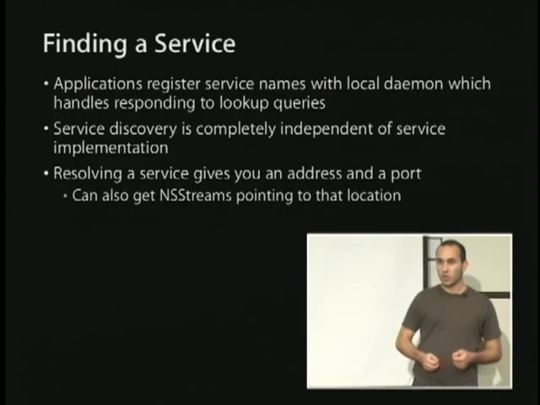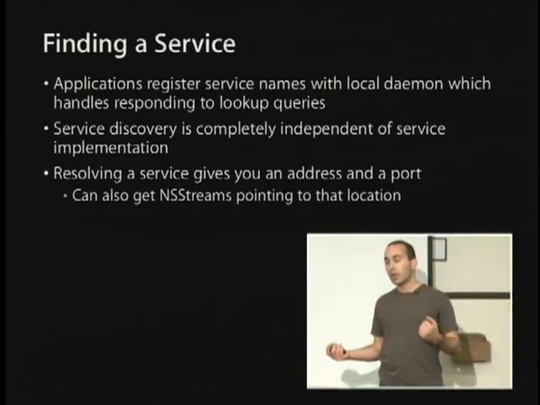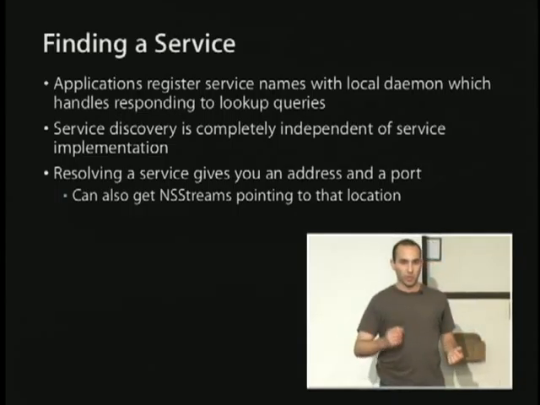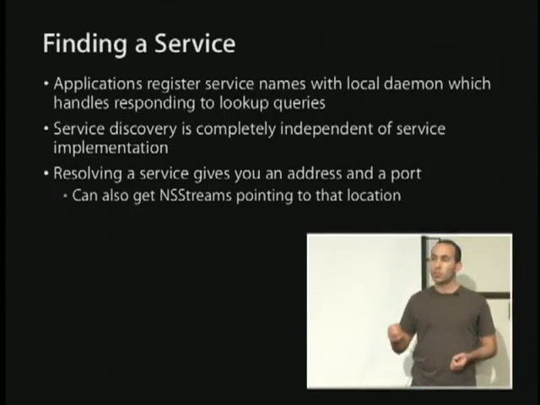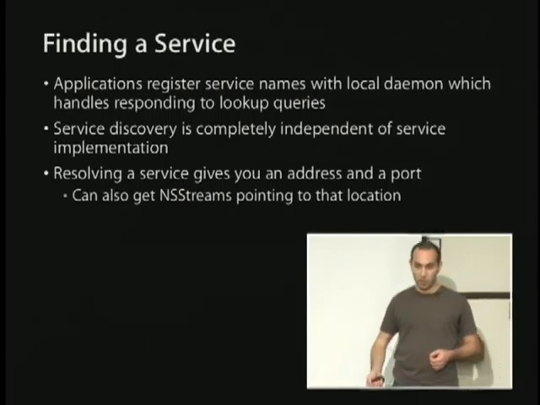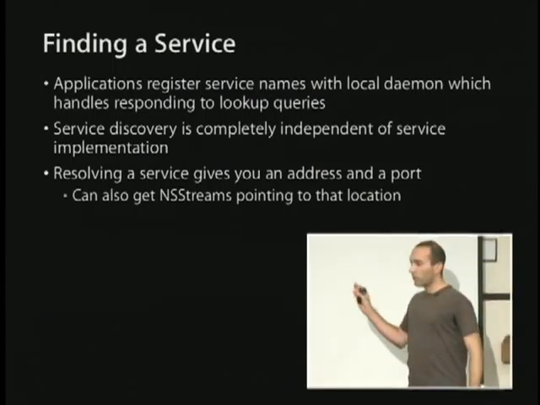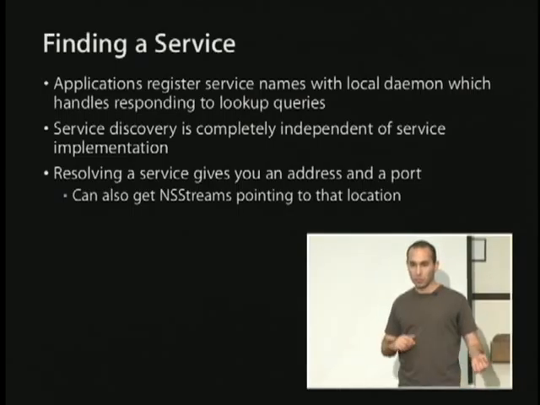One thing I want to note here is that advertising and publishing of a service doesn't actually do the communication. It's only a way of handling the translation and discovery of services to IP addresses. So I'll take you through an example of how this works. And then we'll talk about NSStreams, which will help you actually transfer the data back and forth.